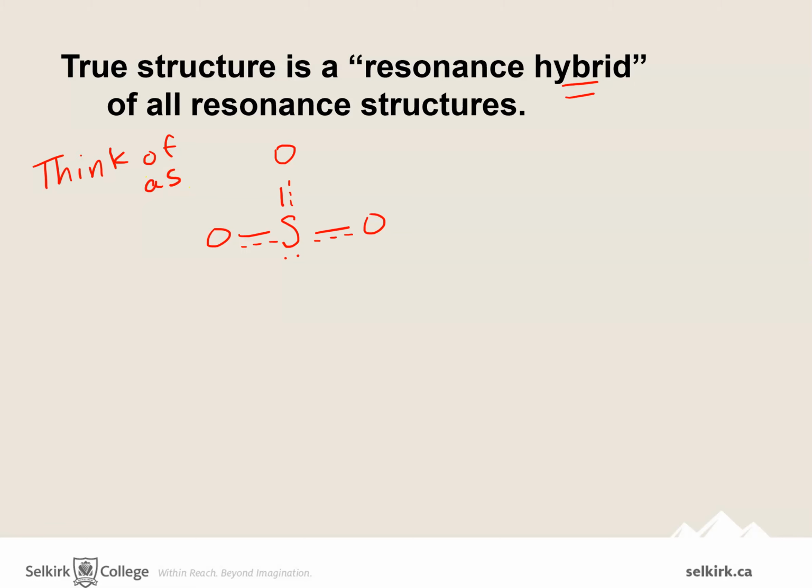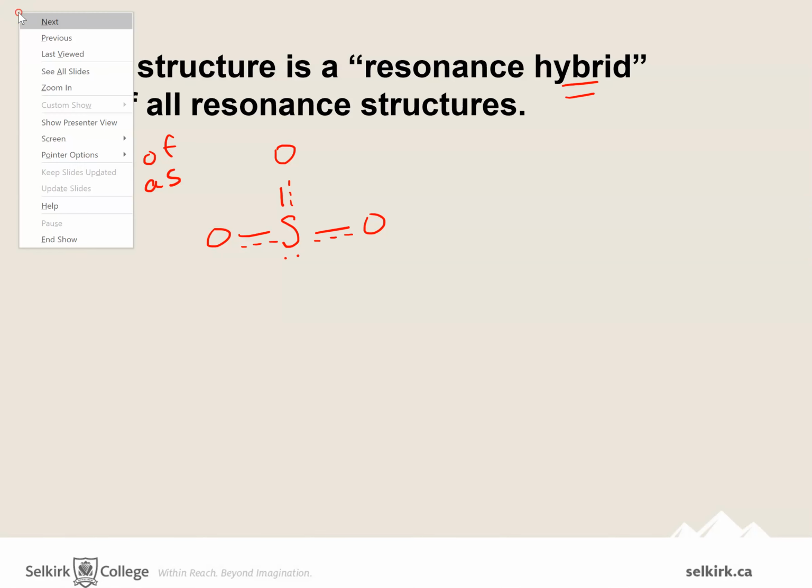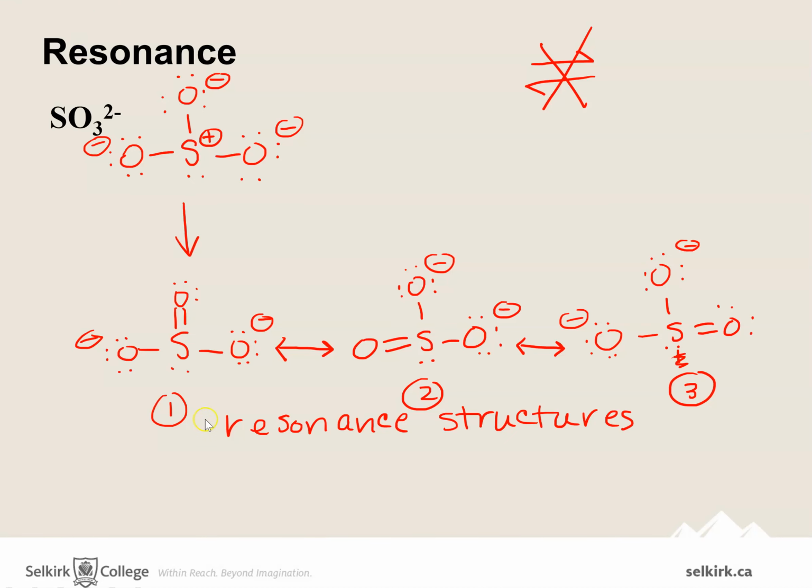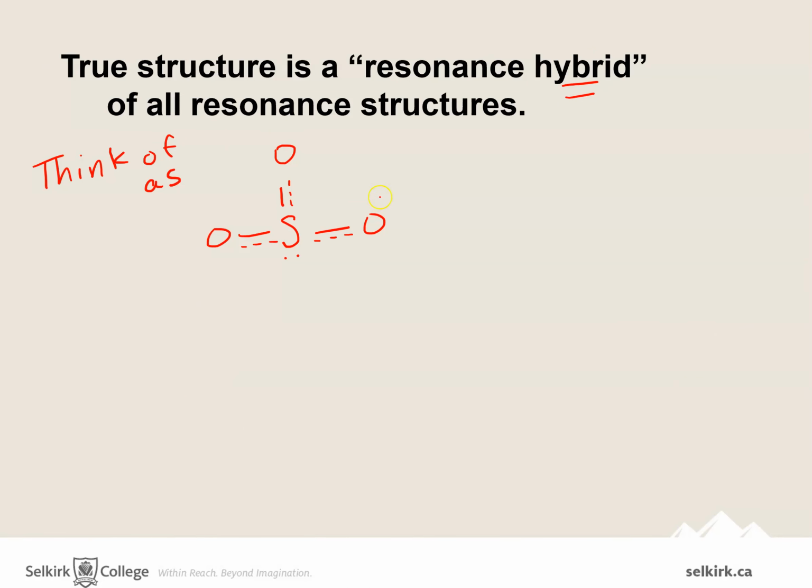Now, I could figure out what fraction of a bond is between them. What I saw on the previous slide is that I was spreading 4 sulfur-oxygen bonds over 3 positions. 4 sulfur-oxygen bonds over 3 positions.